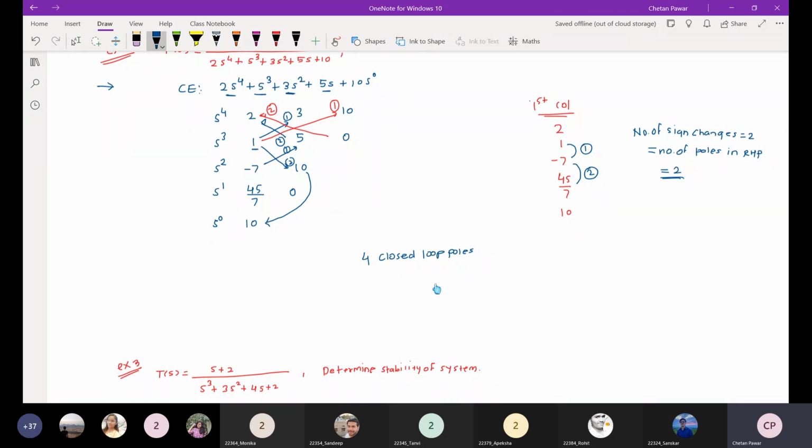Now, in the right hand side of the S plane, how many poles are there? 2. So in the left hand, how many are there? 2, right. So number of poles in the left hand side will be 2.